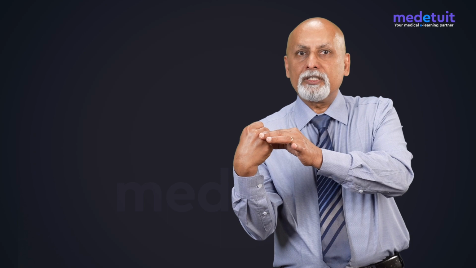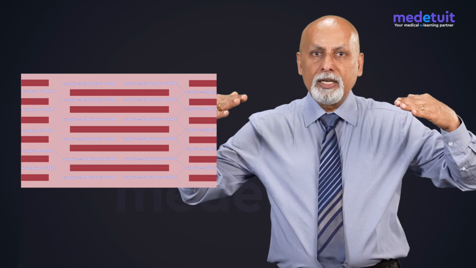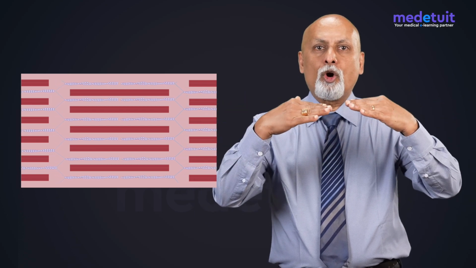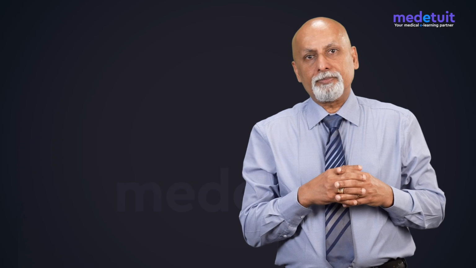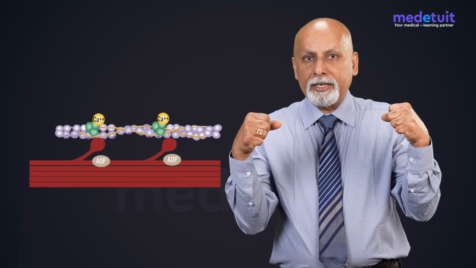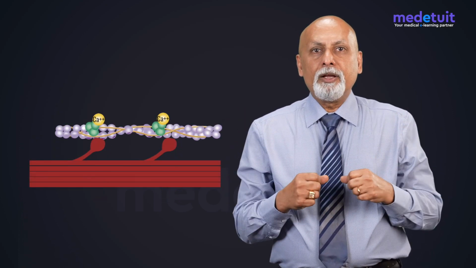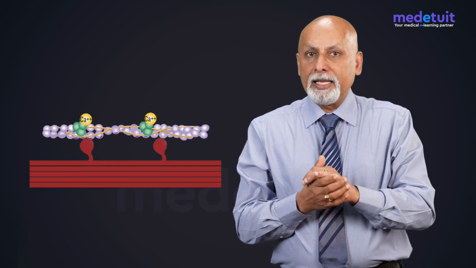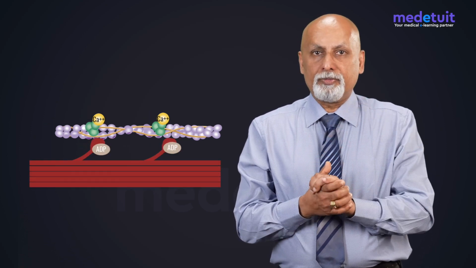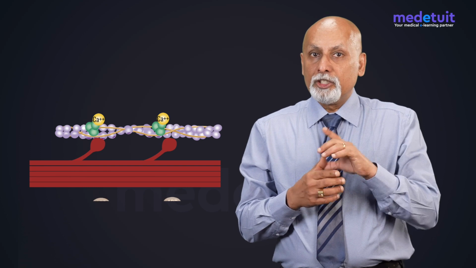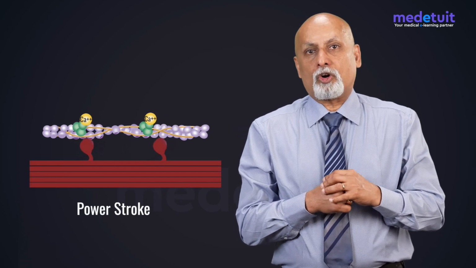By utilizing that energy, the myosin head is tilted towards the tail. By tilting from either side, you can see in the animation, the thin filaments are crossing over the thick filament. This tilting of head towards the tail with the help of energy has a particular name. You should remember that name. This is called power stroke.